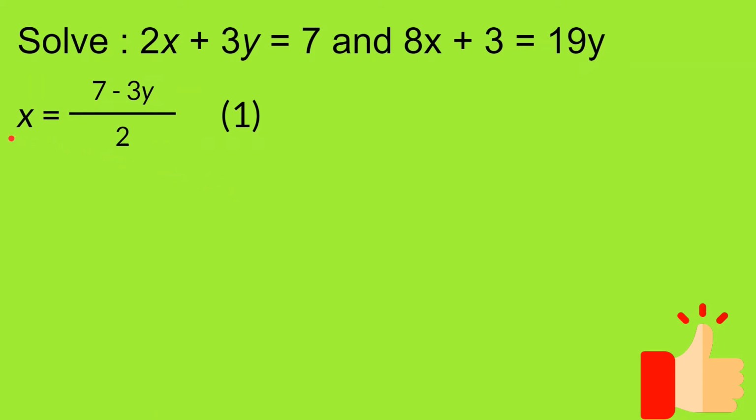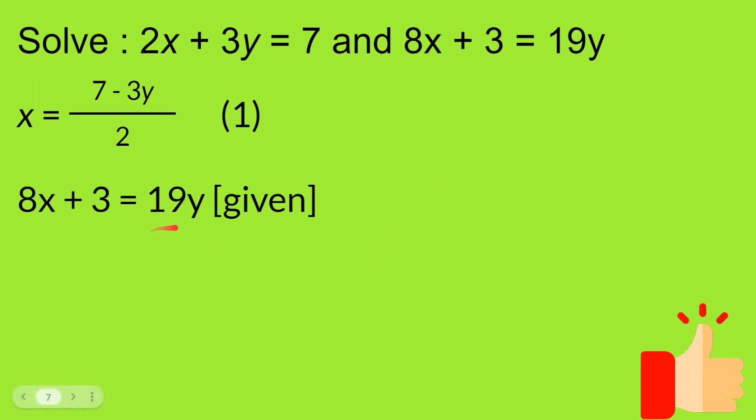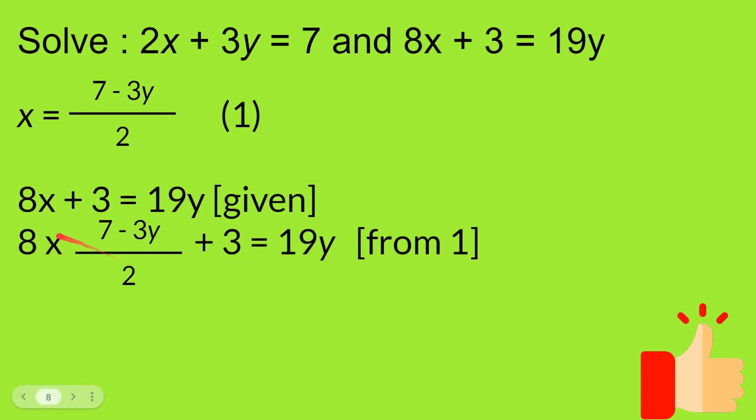Now we'll plug in the value of x here. But first we need to write 8x plus 3 is equal to 19y, which is given to us already. So 8 into (7 minus 3y) divided by 2 plus 3 is equal to 19y from 1, as we are using this value here.